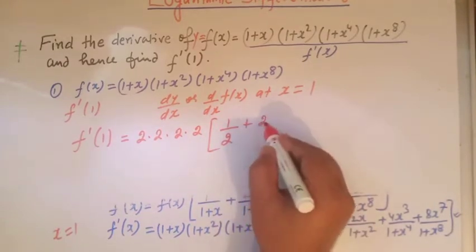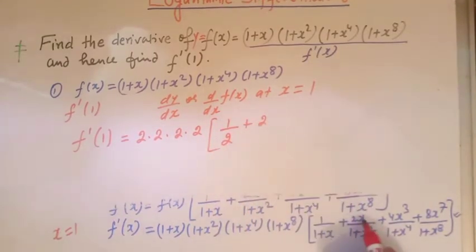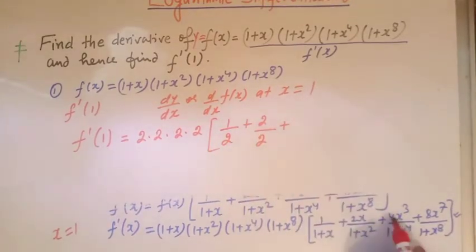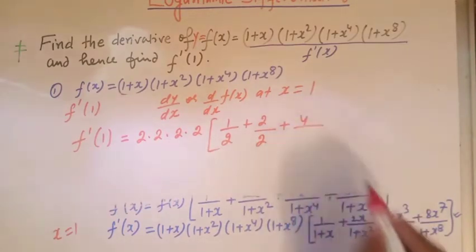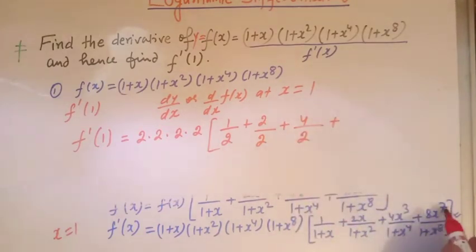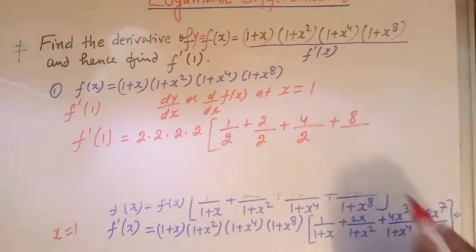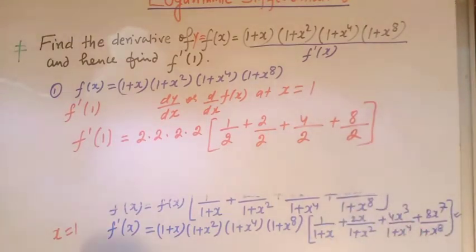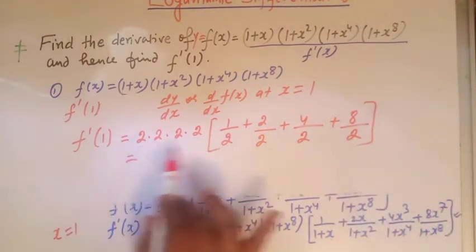Again this is 2 times 1 is 2, and 1 plus 1 squared is 2, plus 4 times 1 cubed is 4, and 1 plus 1 to the 4 is again 2. Then we have 8 times 1 to the 7 is 8. Then we have 1 plus 1 to the 8 is 2. Clear? Now we will solve this expression.